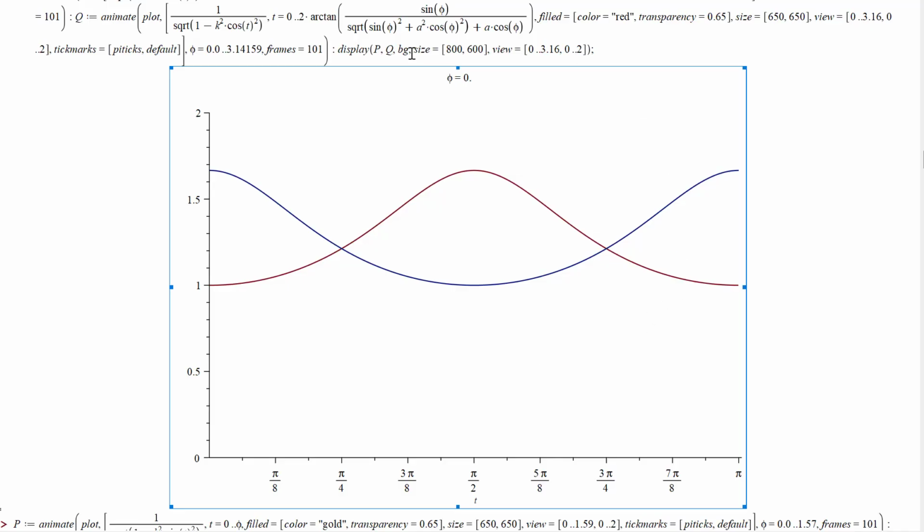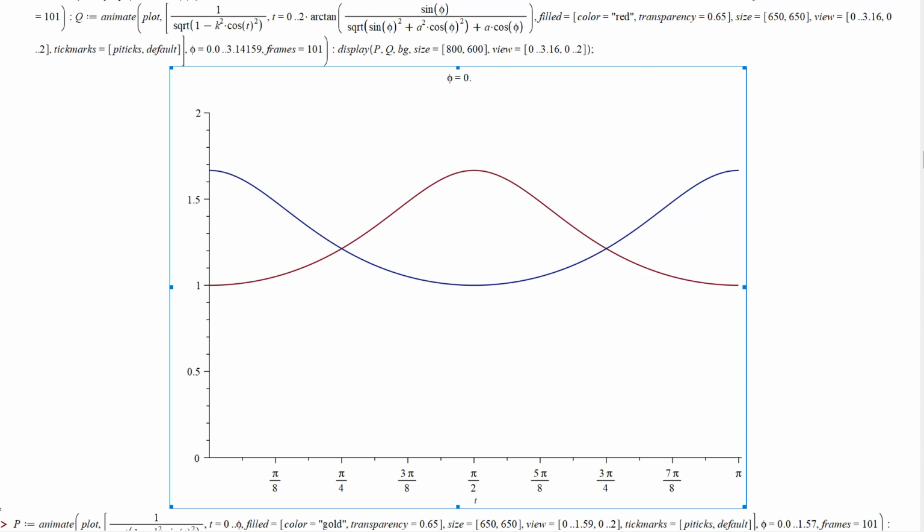Again, if I want to remind us of what's going on, this is the integrand for the horizontal ellipse definition. So I had 1 minus k squared cosine squared in the denominator, square rooted. And this is the integrand for the phi definition. I've got square root of 1 minus k squared sine squared t in the denominator for that integrand.